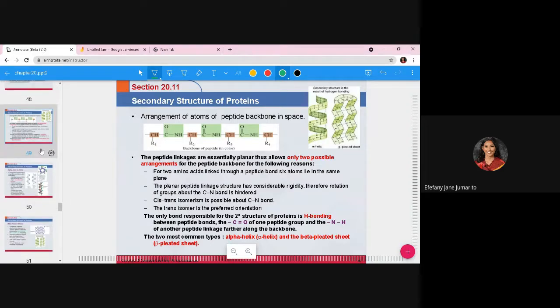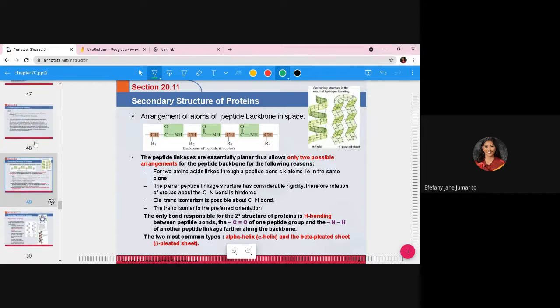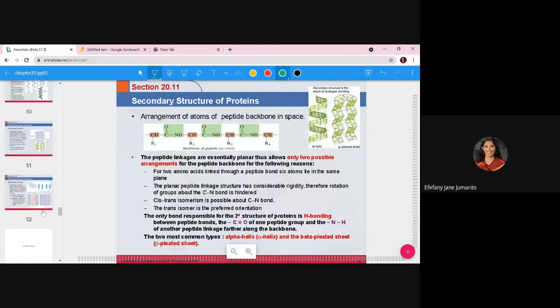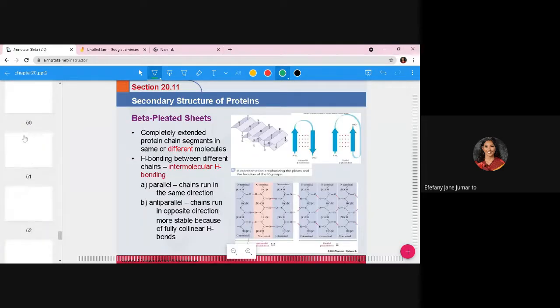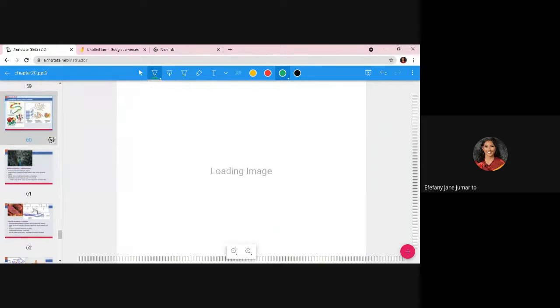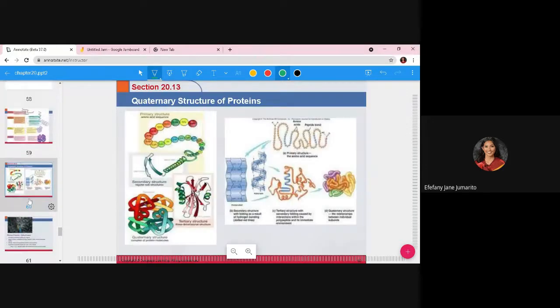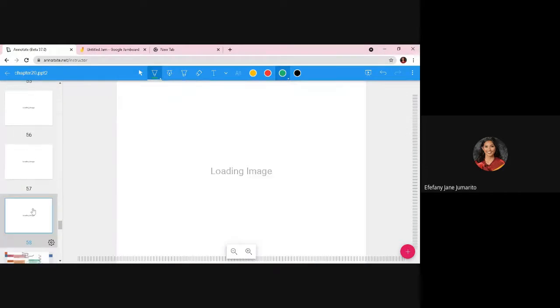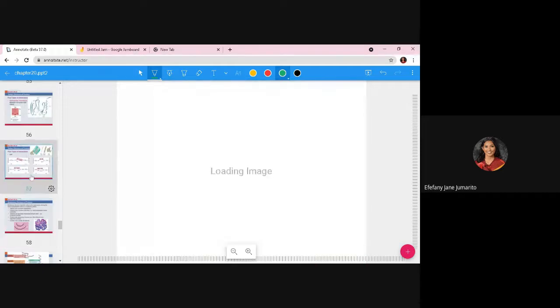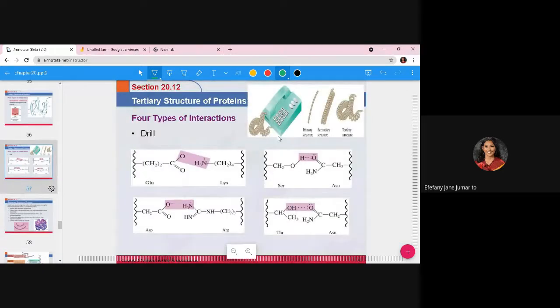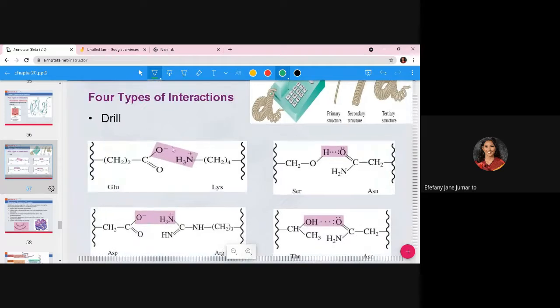Okay, so we also have the secondary structure of proteins. Now, again, for primary structure of protein, it looks like this one. Okay. Sama na dapat ha. This one. Okay. So, just like there's an analogy here.